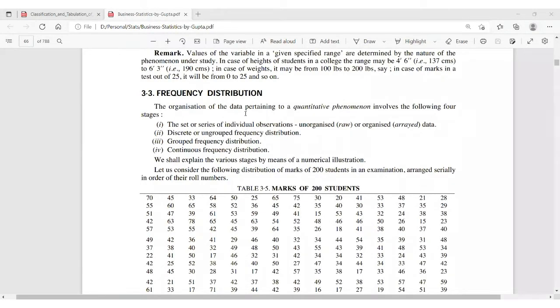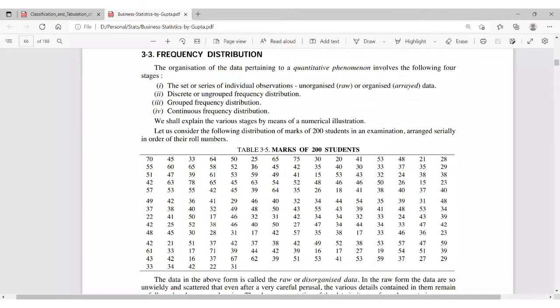The organizing of the data pertaining to a quantitative phenomenon involves four stages: the set or series of individual observations, raw or organized array data, discrete or ungrouped frequency distribution, and grouped or continuous frequency distribution. We shall explain the various stages by means of this numerical.